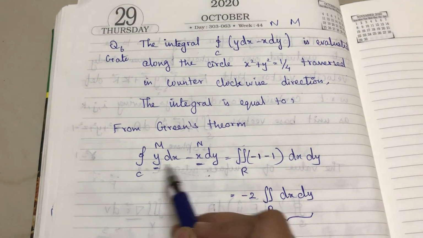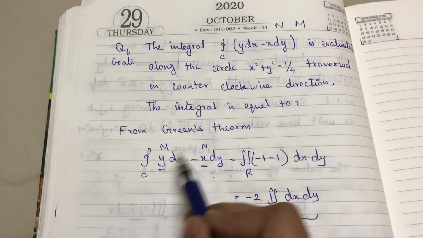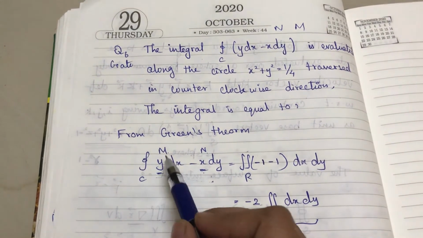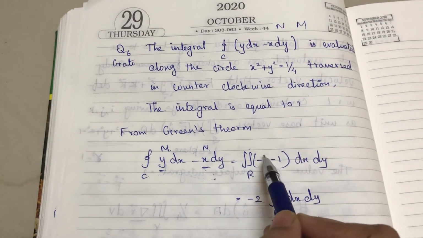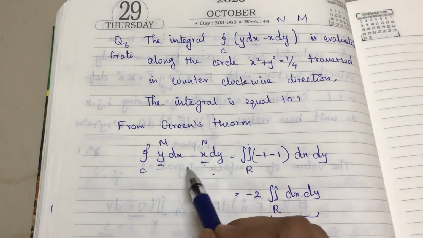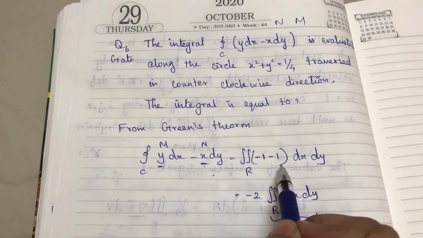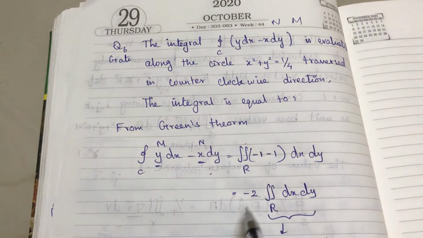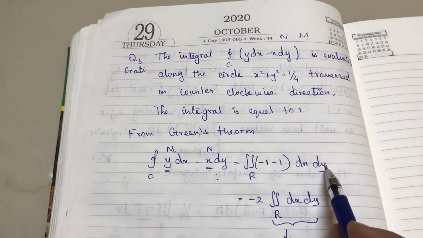You can see here, x is N and y is M. So M with respect to y means it will become 1, and N with respect to x means it will become minus 1. So minus 1, which is minus 2.